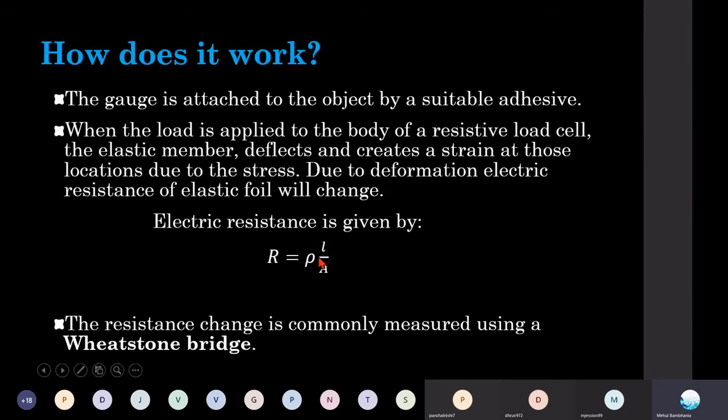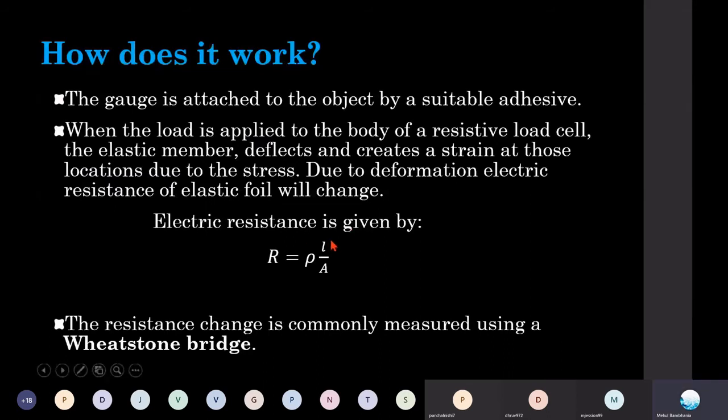Why will this length change? The resistive element's length will change because it experiences strain. Strain is actually the change in length divided by the original length. So the length changes due to strain, and the strain is experienced by that load cell.